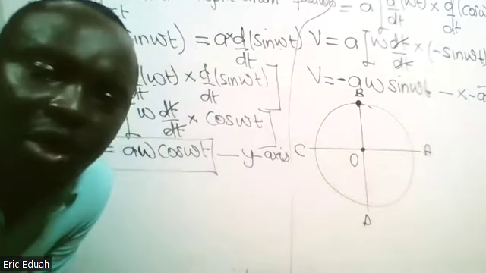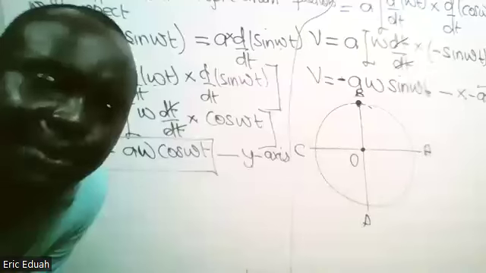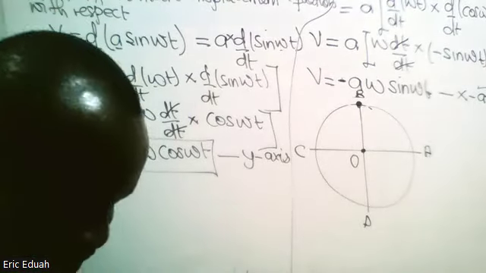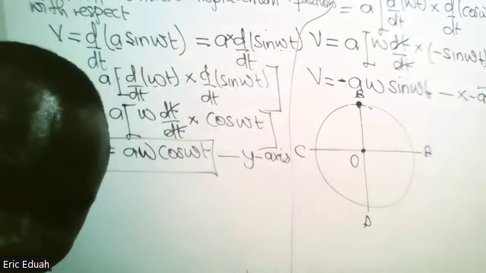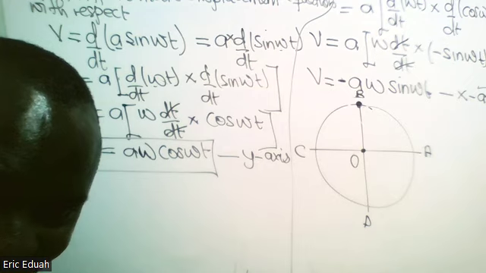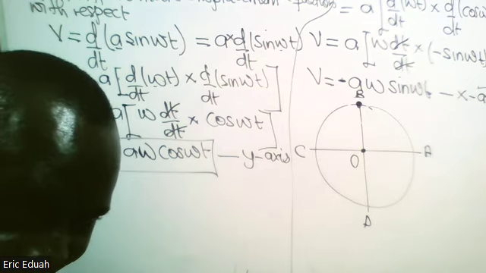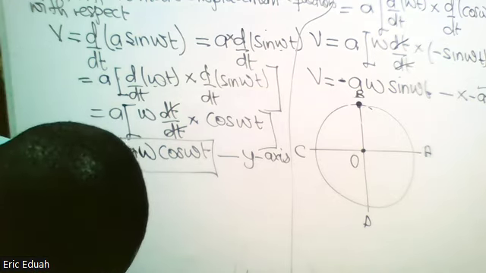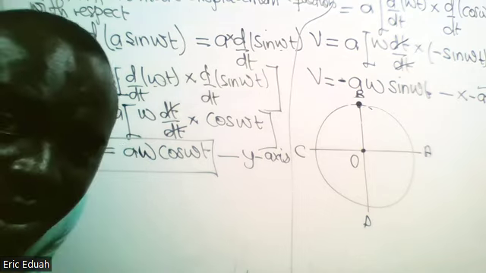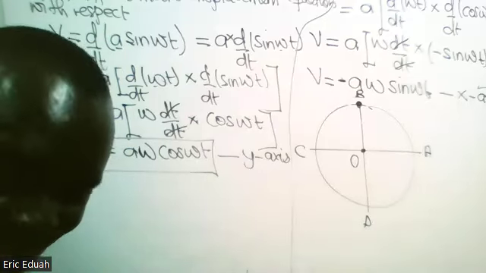Okay, so who is predicting? When the body is at B, what do you think is the velocity of the body? Charlotte, try. Okay, Amma.